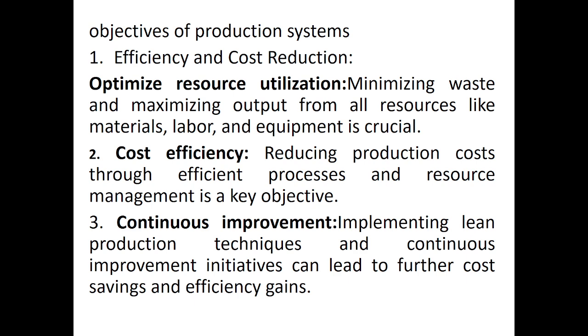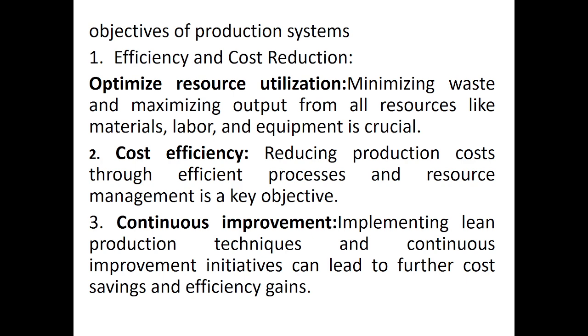Minimum wastage and maximum output from all the resources like material, labor, and equipment is crucial. These three are the important areas every production team, every marketer, every industry should look at. The materials: from where are you purchasing the raw materials is one of the most important things.